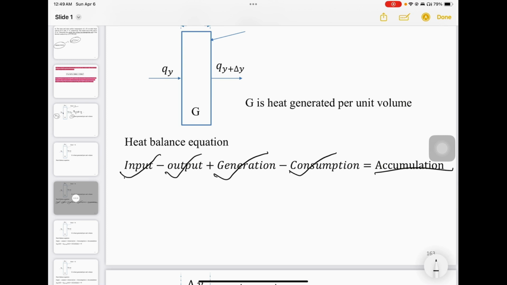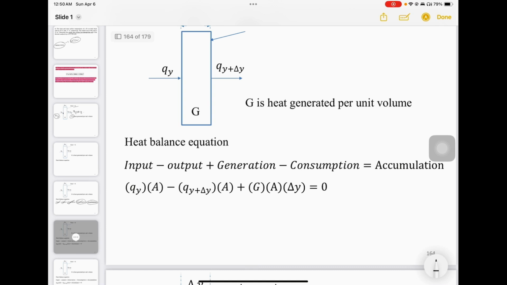Now we will apply the heat balance equation, which says input rate minus output plus generation minus consumption is equal to accumulation. Now we know there would be no consumption of heat and no accumulation of heat. We need to find the generation. So input rate must be Qy, which is equal to input rate upon area.